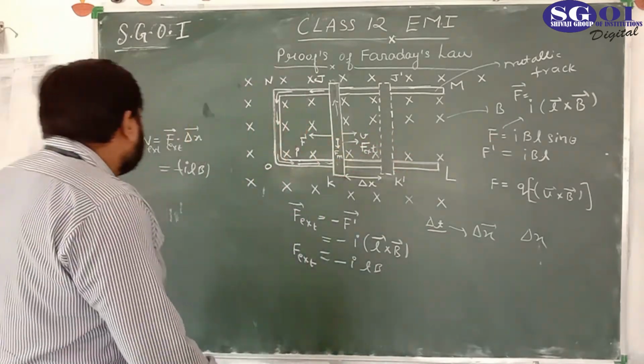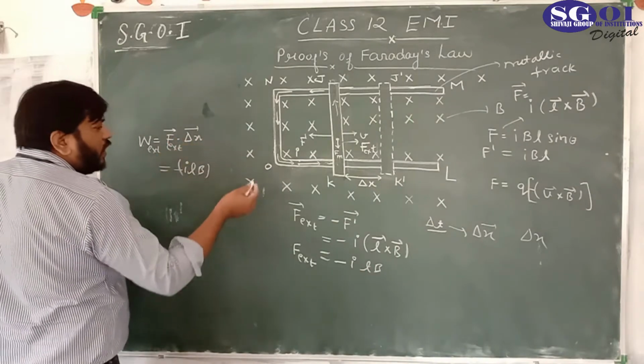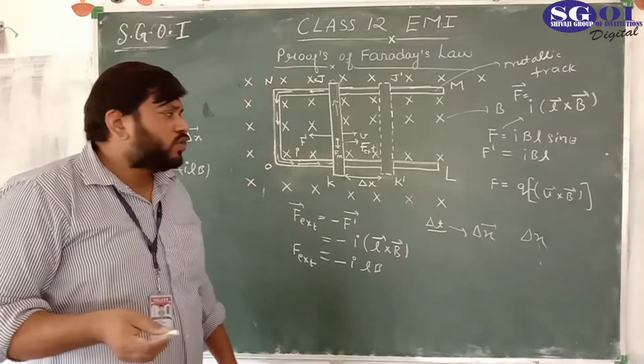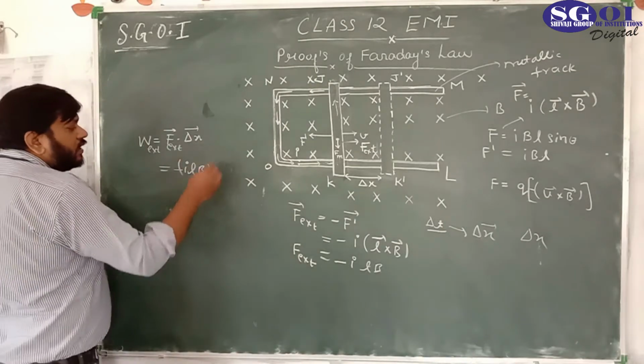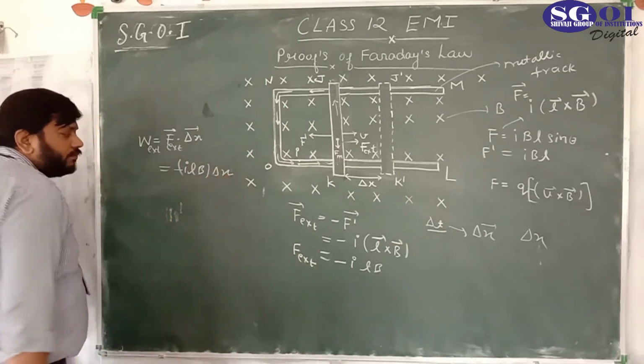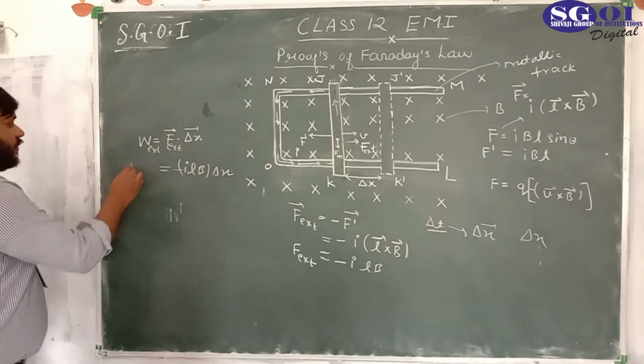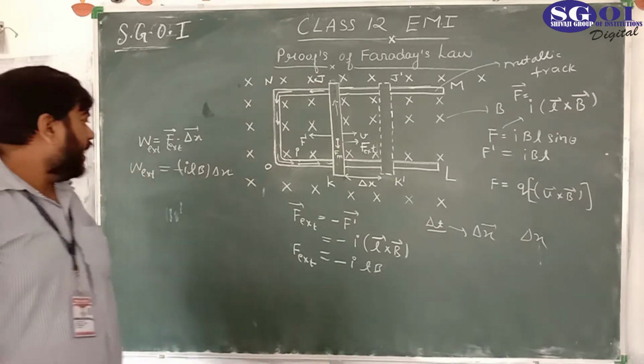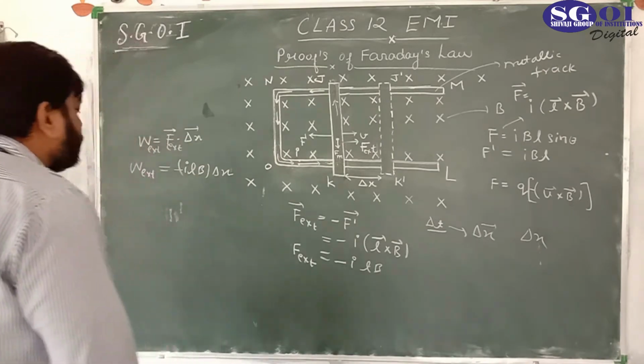So the net angle between these two is 0, and we know the formula for dot product is a b cos theta, and cos 0 is 1. So it is simply I LB delta x in magnitude. This is the work done by the external agent, I LB delta x.